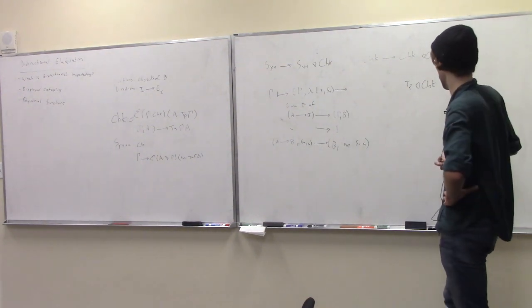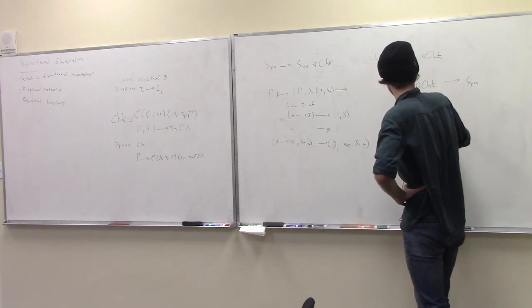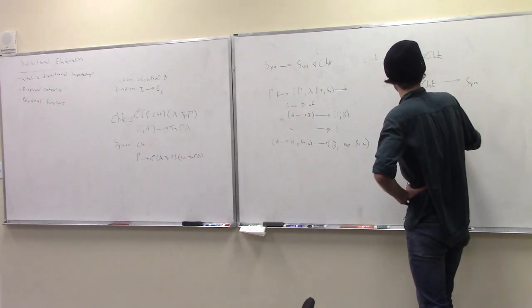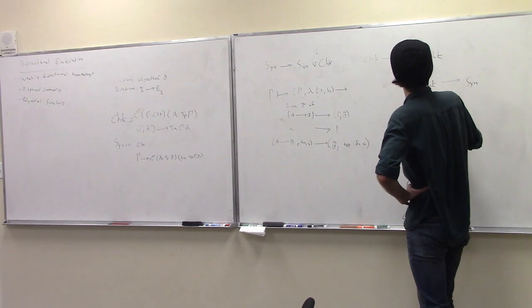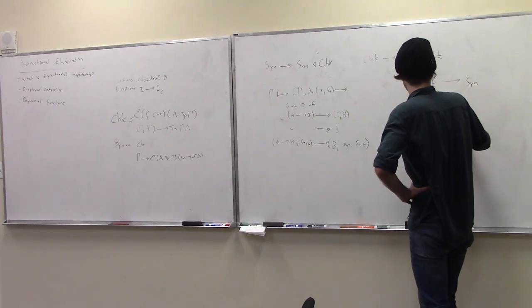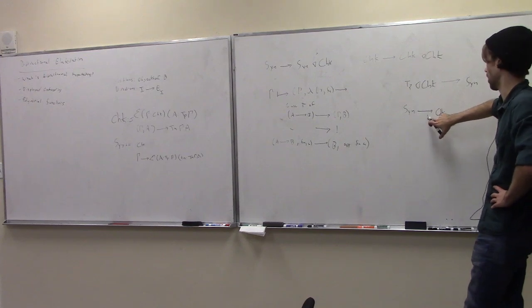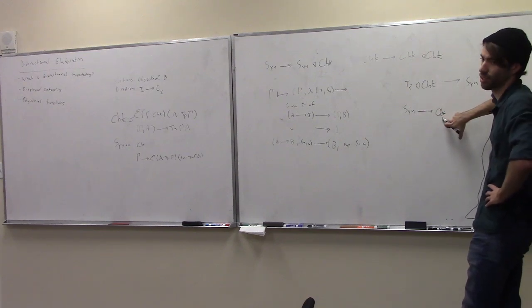And the synthesis rule is similar. It's going to be syn, and then check. This will just run this, get the type that's expected out, and compare it with this guy's goal type, and then blow up if they're different.